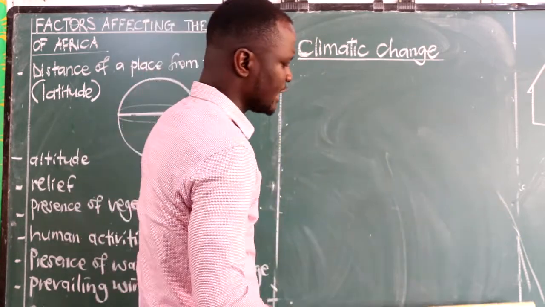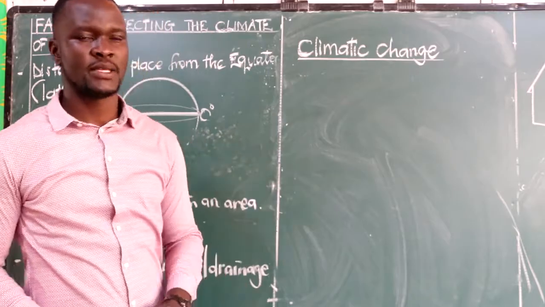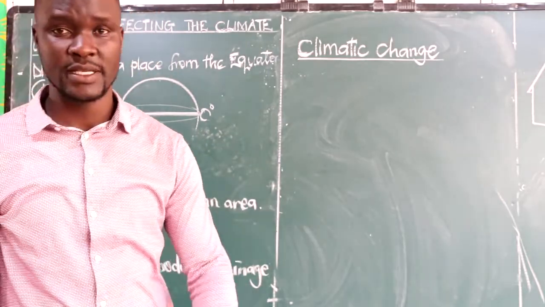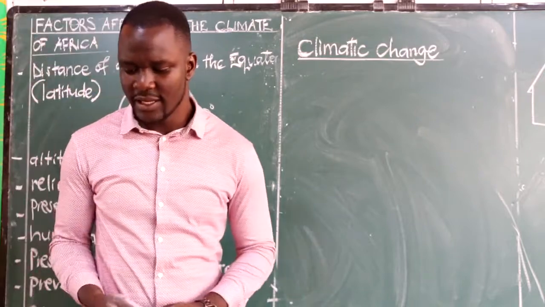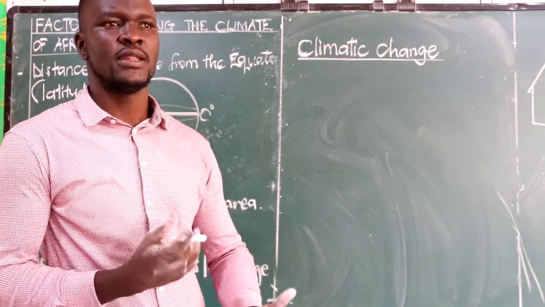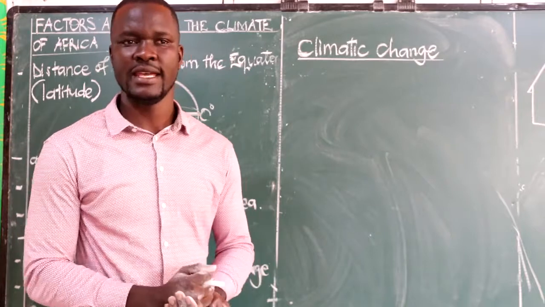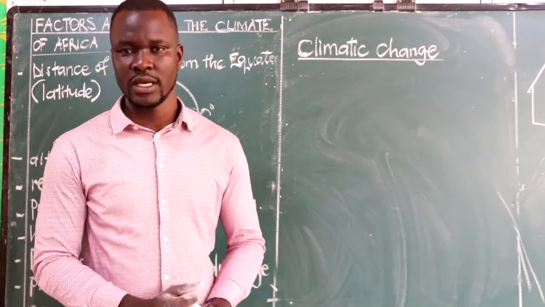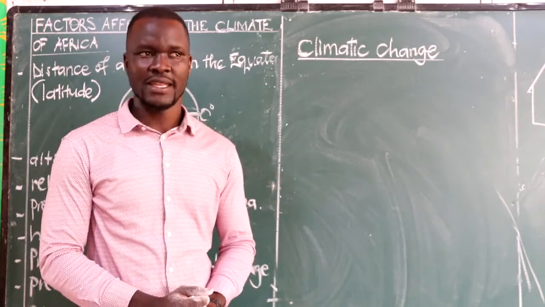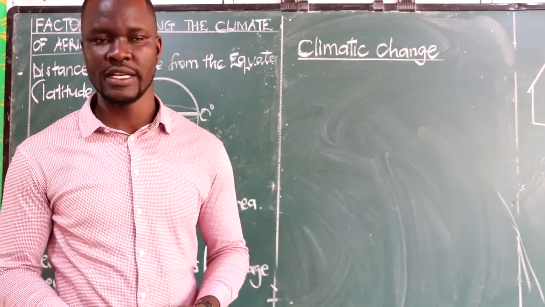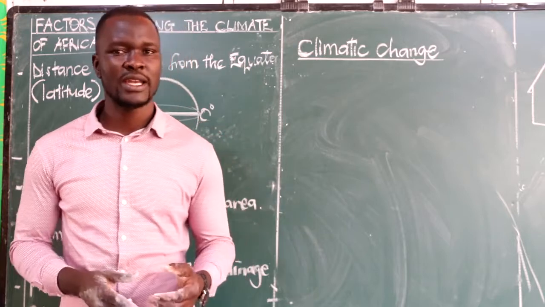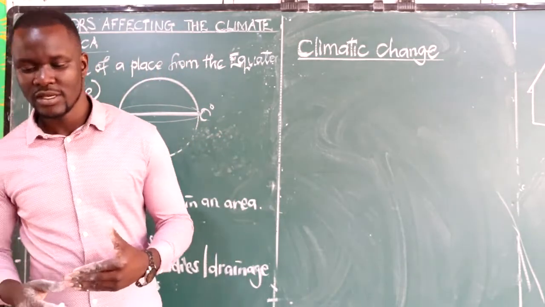So climatic change, this one is taught in primary 6, meaning we are going to have a review of this. We say these are the variations, these are the changes in the climatic conditions of an area. You find that if an area used to receive a lot of rain, time comes when the area becomes dry.